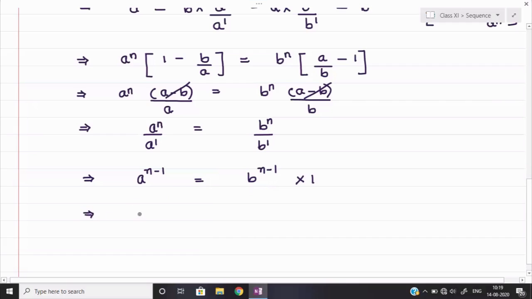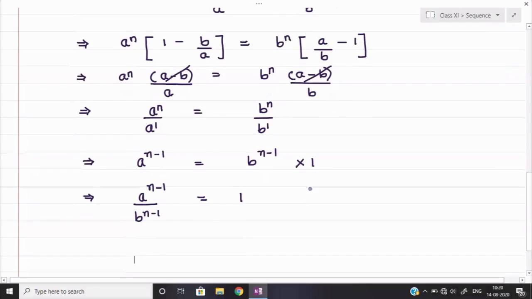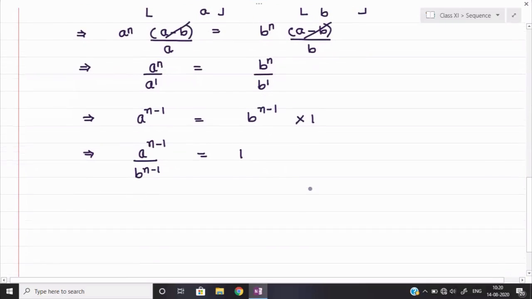So this will be a to the power n minus 1 upon b to the power n minus 1, and is equal to 1. I have taken this into 1 just as it is because it will not affect the answer. I took multiplied by 1 to convince you how b to the power n minus 1 is coming in the denominator. Now here both terms have the same power.